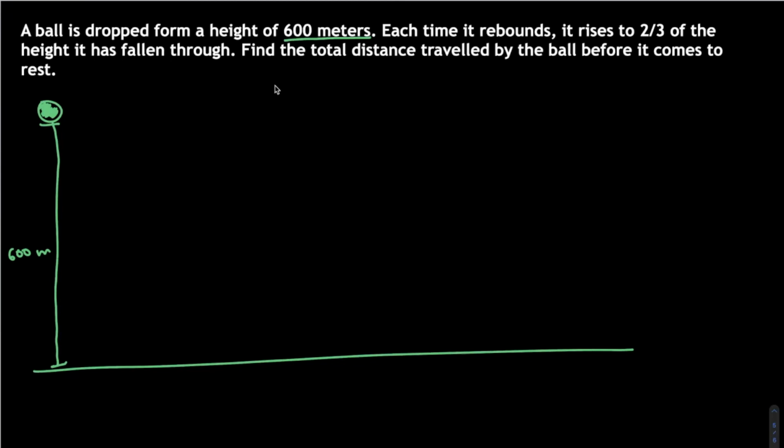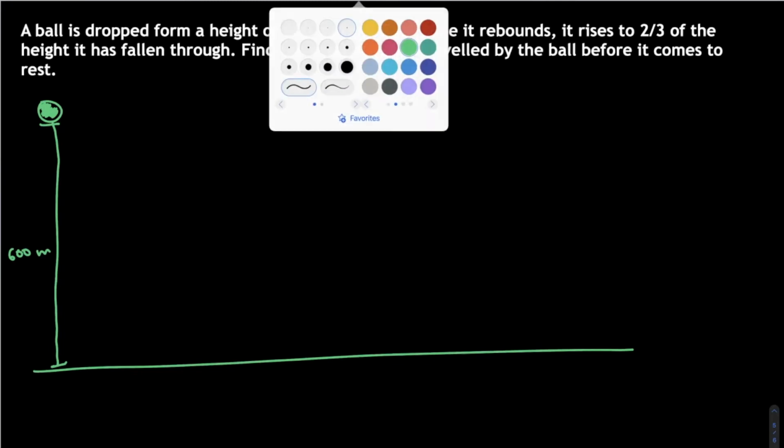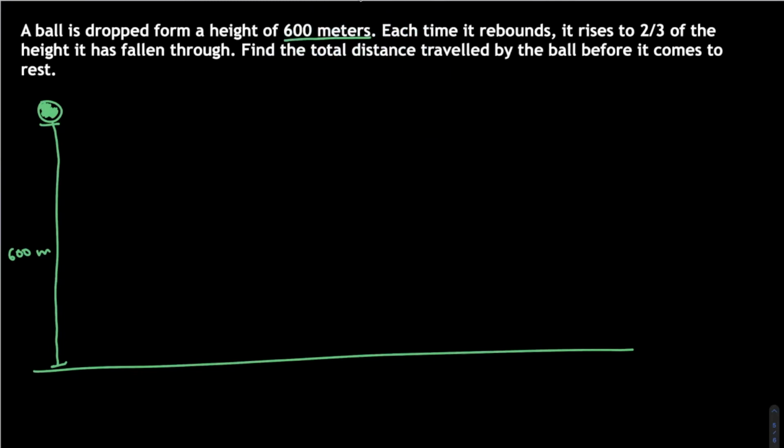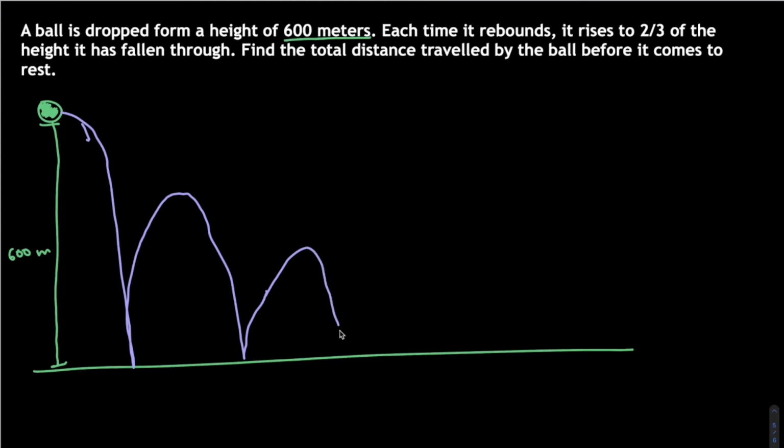It says it bounces, and every time it rebounds off the ground, it rises to 2/3 of its original height. So if I try to visualize that, it goes here, goes to 2/3, comes back down, and then 2/3 of this one. So it'd be something like this.